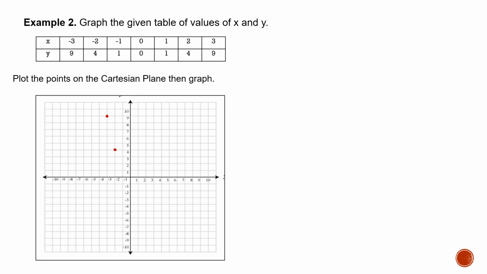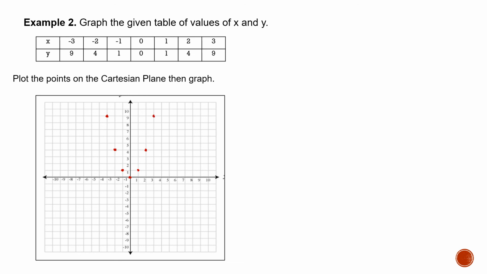Next, negative 1, positive 1. Next, 0, 0. Next, 1, 1. And then we have 2, 4. And then last we have 3, 9.